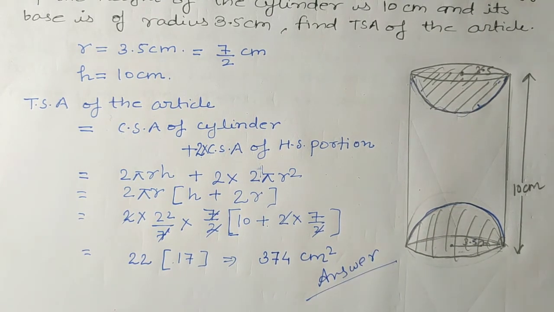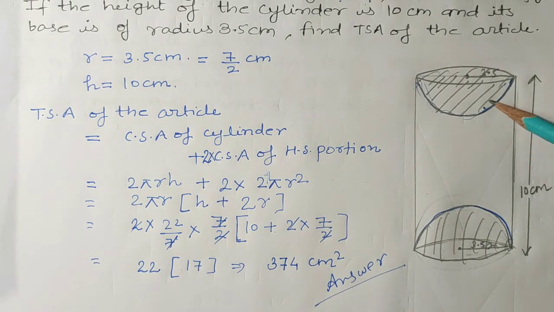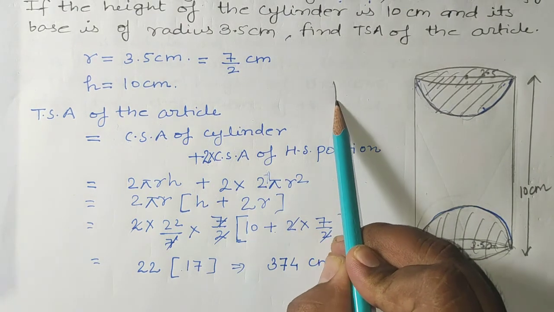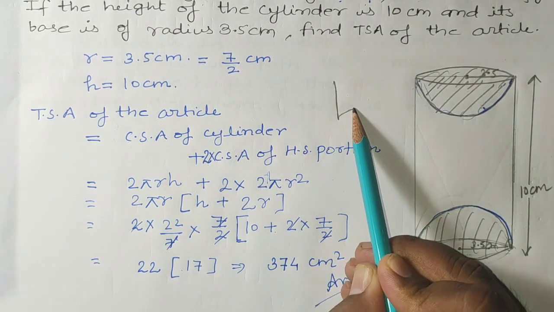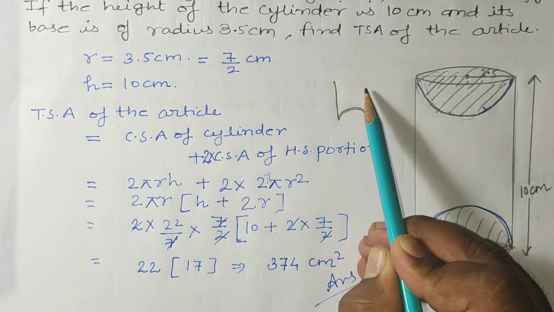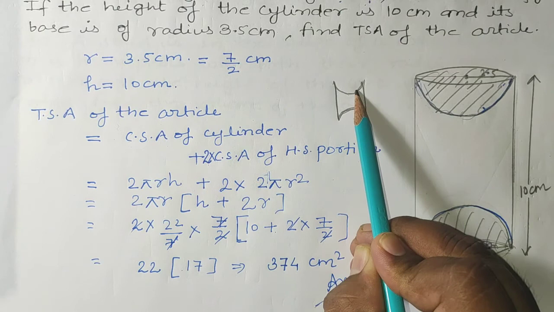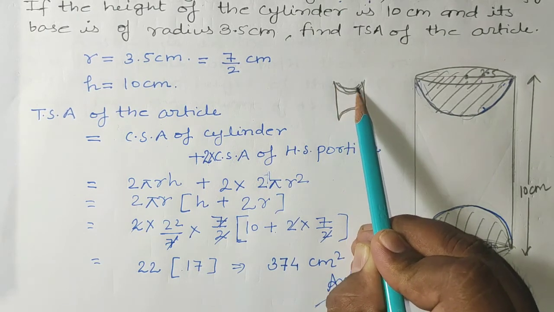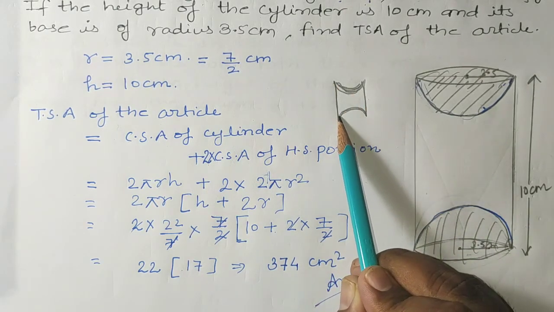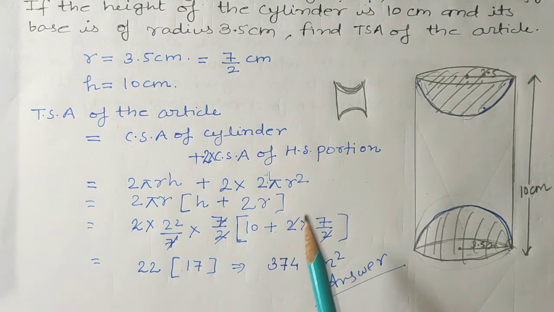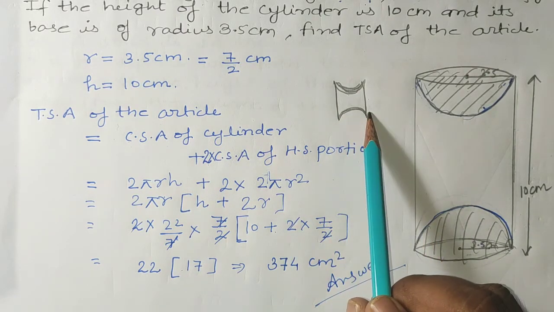Simply we have to understand the concept. When two hemispherical portions are scooped out from the cylinder, then the remaining portion will be only like this. Suppose this was the cylinder, and now one hemispherical portion is cut out from here, and one hemispherical portion is cut out from here. So only this portion is left. So how will we calculate the total surface area of this portion?